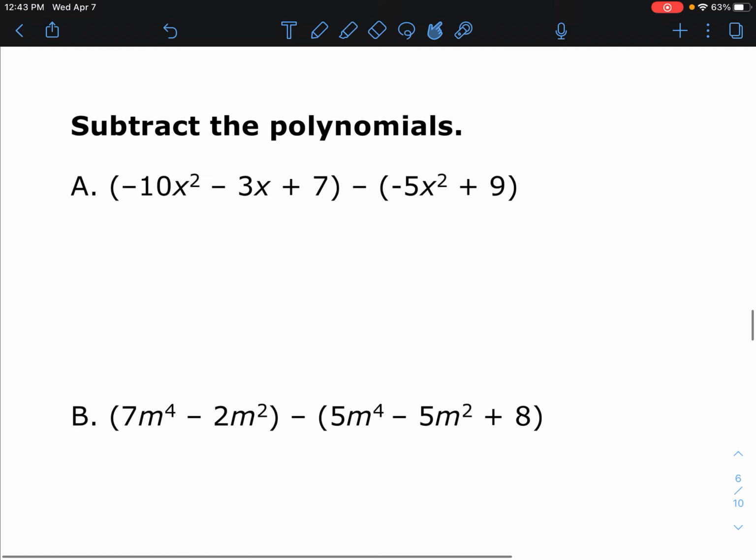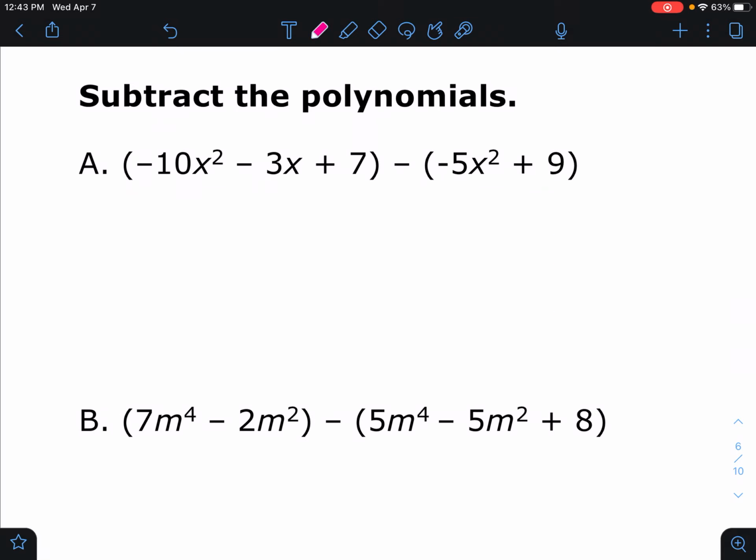What you're going to do is copy this first polynomial with the parentheses, just like this. Now, everything after this parenthesis, we are going to change the sign on. So we're now going to change this to an addition problem.